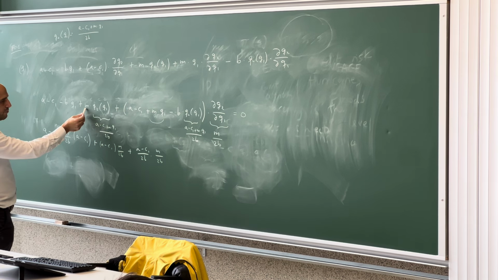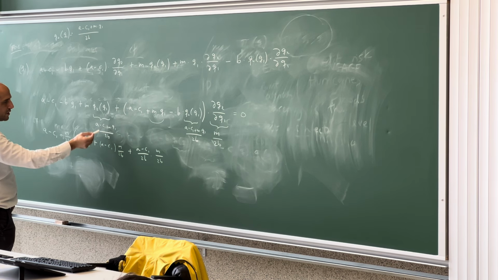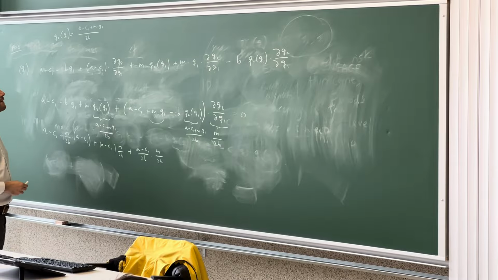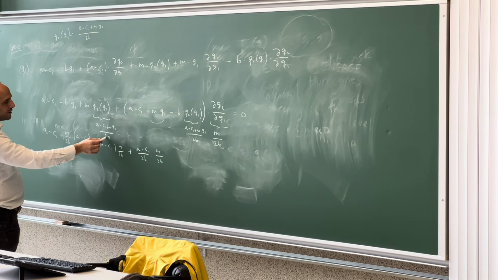That's because we have m over 2b times a minus 1. And the other part? We're taking common factor of m for the whole expression, basically. I'm just trying to take the constant part that doesn't have q1 here.